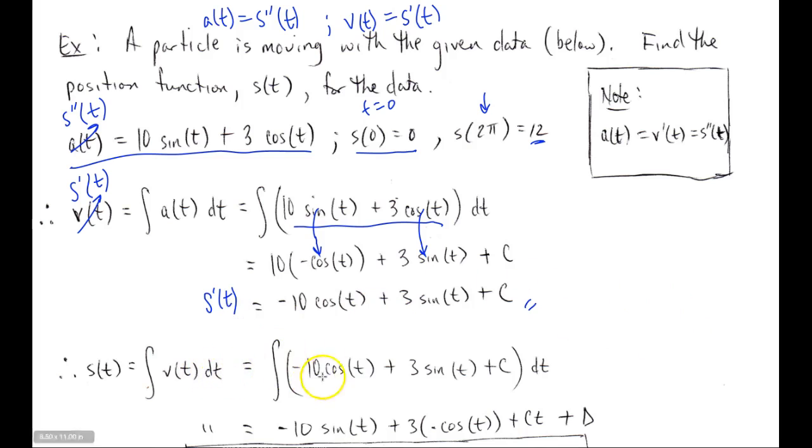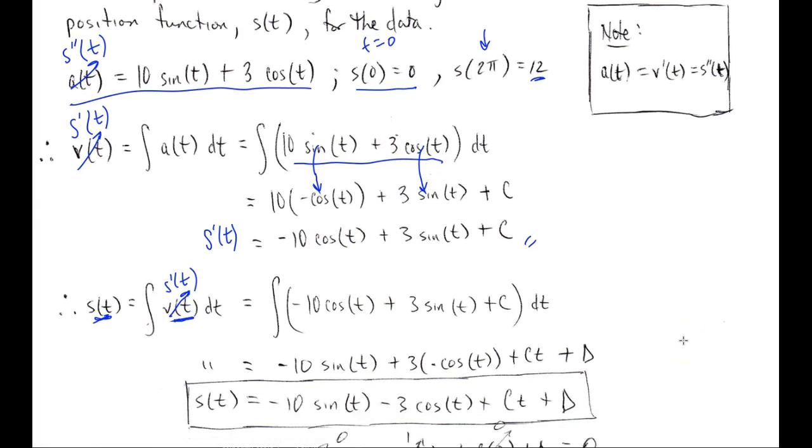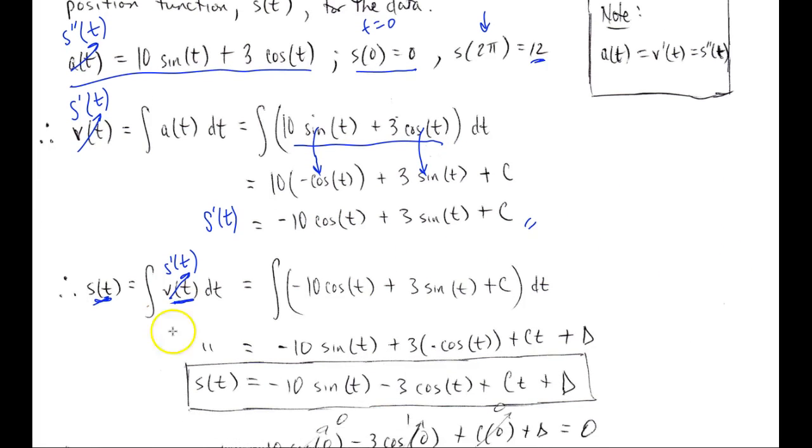If we move on to our actual position function, we have to take the antiderivative of the velocity, or the first derivative of position. And so in doing that, scroll down here, we see that the antiderivative of cosine is sine, and the antiderivative of sine is negative cosine.